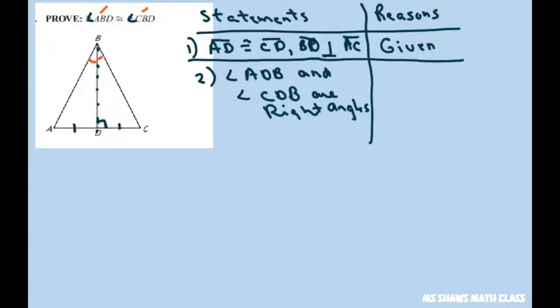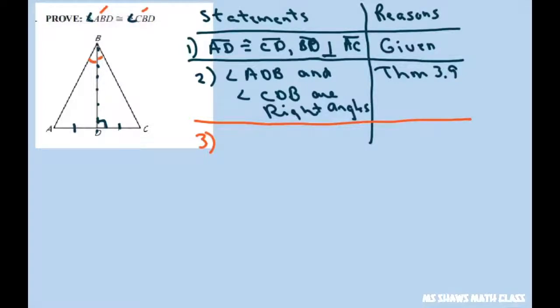And that's Theorem 3.9, stating if a line is perpendicular to another line, then the angles are right angles. So that's that theorem.